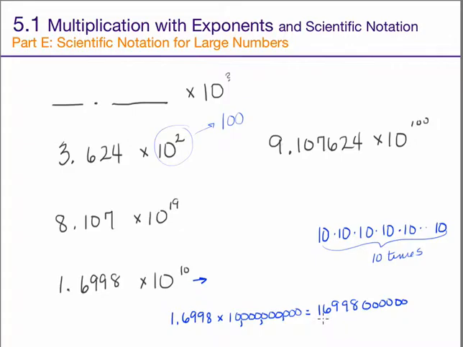And the result is the same number, 1.6998, with the decimal place that's been moved from its original location over to the right 10 places. 5, 6, 7, 8, 9, 10. So, multiplying a number by 10 to the 10 moves the decimal point over 10 places.